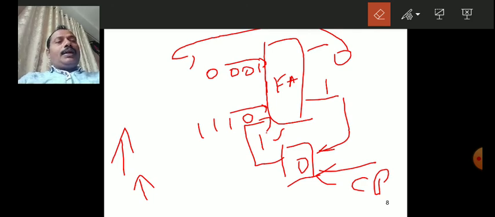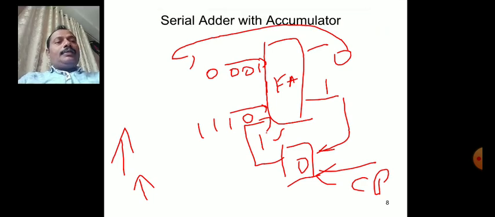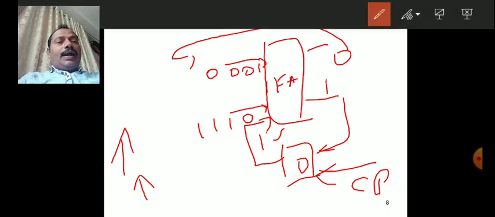Now the full adder will add 1 plus 0 plus 1. That means 1, 0. So this is the way it adds the bits of X and Y serially.